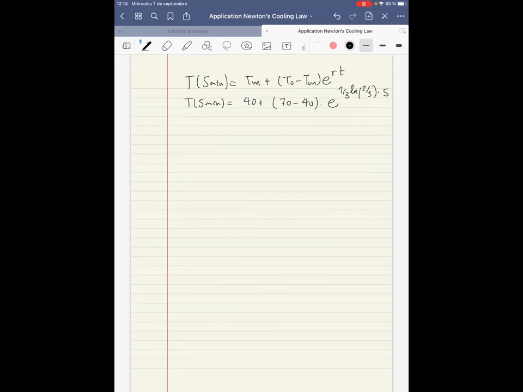If we compute that, it's approximately 55 degrees. So it's cooling again, as you can see, from 70 to 55 in 5 minutes. So this was the first question.